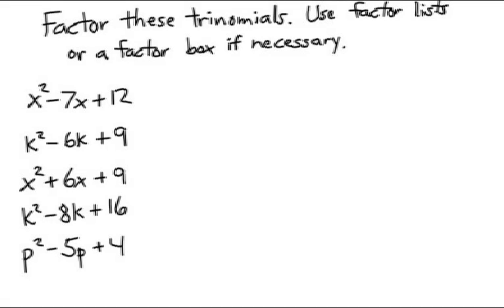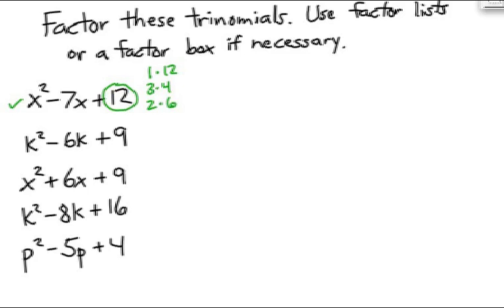Alright, the instructions here are to factor these trinomials. Use a factor list or a factor box if necessary. If I look at the first one here, I want to give you an example of a factor list or a factor box. A factor list means that I look at the third term here and I write down all the numbers that can multiply to give that term to me. Notice 1 times 12 would give me 12, 3 times 4 would give me 12, and 2 times 6 would give me 12.